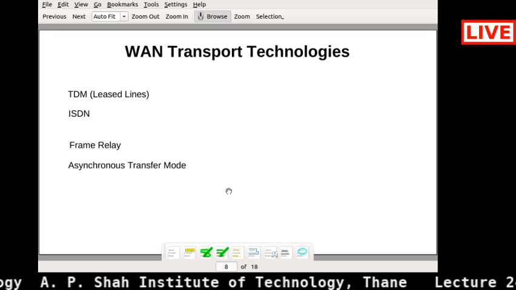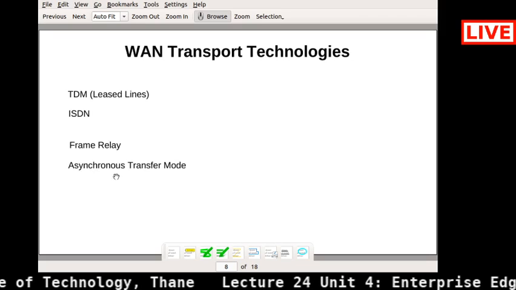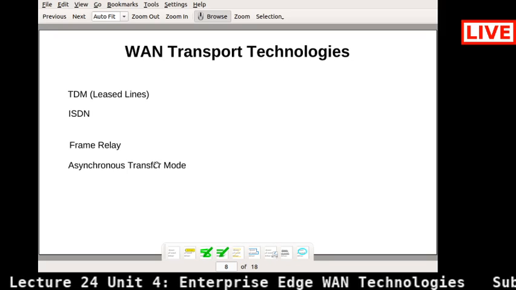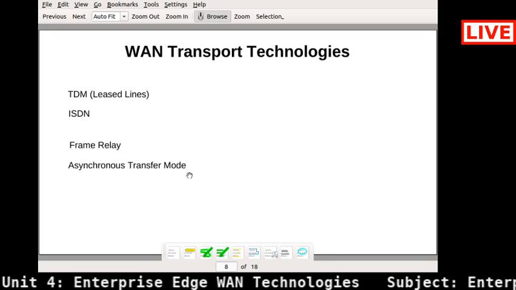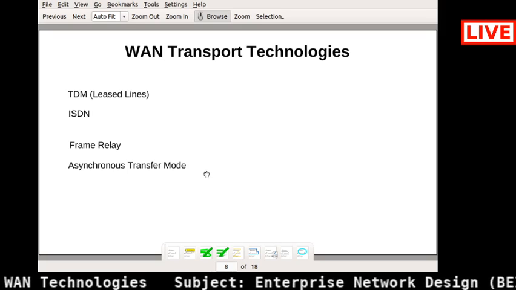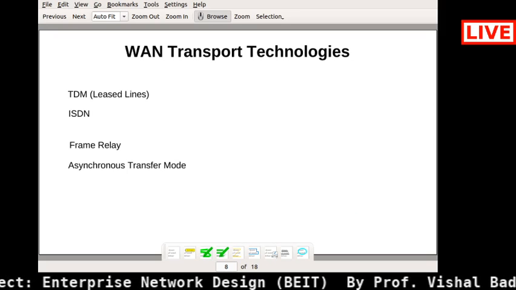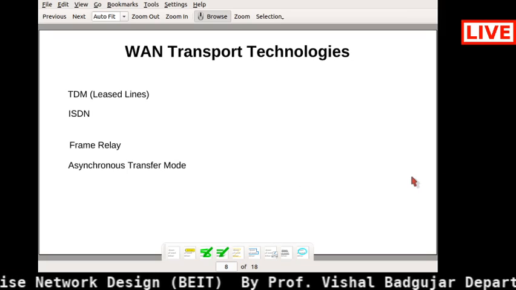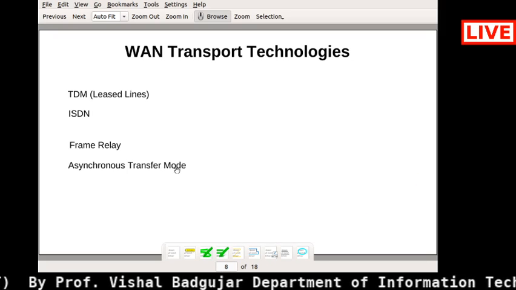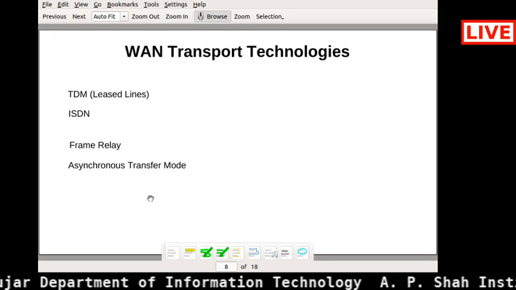The ATM cells are processed asynchronously, and these can be multiplexed over whichever transmission paths we use. This also provides support for multiple qualities of service, that is QoS, to meet the delay and loss requirements we have. In that case also we are going to use Asynchronous Transfer Mode, or ATM.